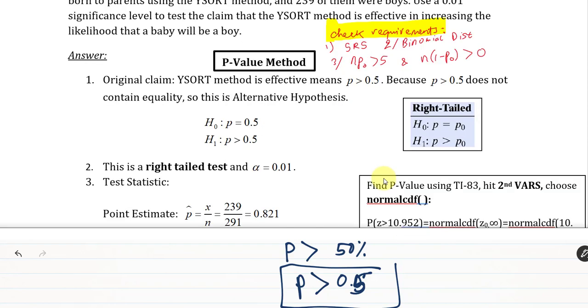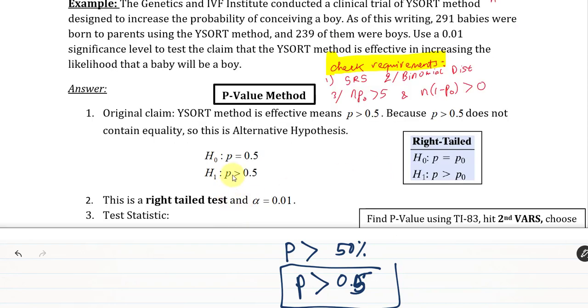Alright, now, because this one is pointing to the right, it is a right tail test, and alpha is the 0.01 significance level.